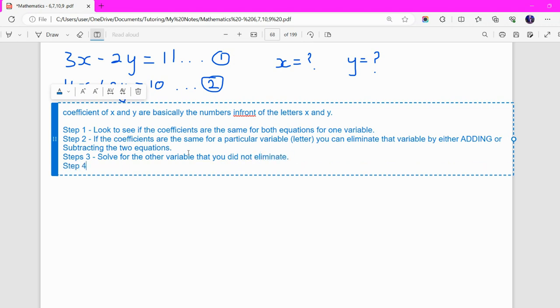Step four, solve for the variable you had eliminated by substituting the previous variable into any one of the equations, any one of the given equations.